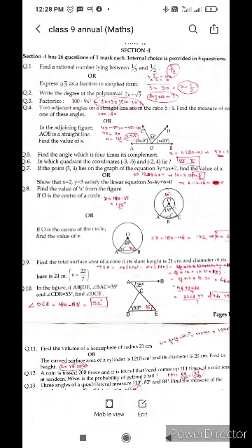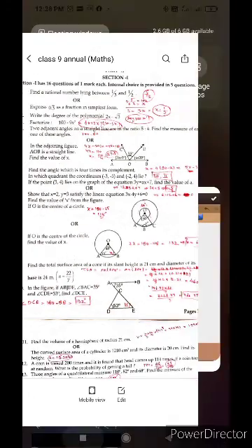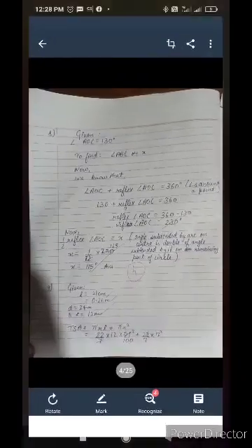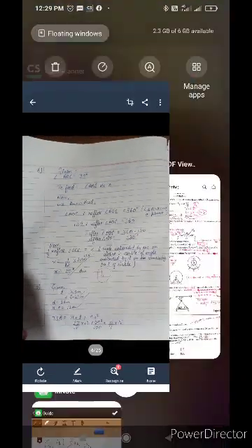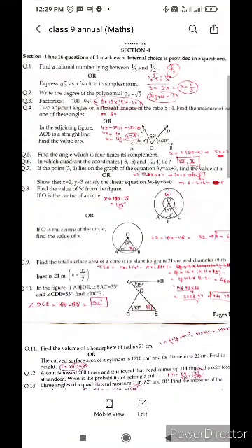So next part of the question number 8. Find the value of x for the given figure if O is the center of the circle. Okay, the figure the child has not drawn, so let us see what was the figure.